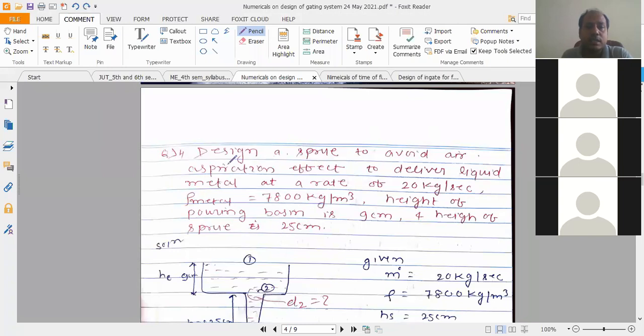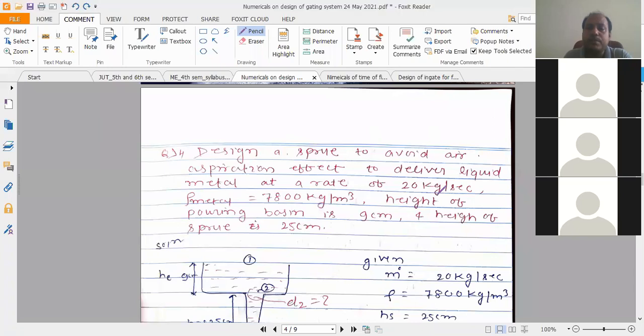So this one is here: design a sprue to avoid the air aspiration effect to deliver the liquid metal at a rate of 20 kg per second. एक स्प्रू है जो 20 kg पर सेकेंड से मोल्टन मेटल को डिलीवर करता है. द डेंसिटी ऑफ द लिक्विड मेटल जो है वो 7800 kg पर मीटर क्यूब है.